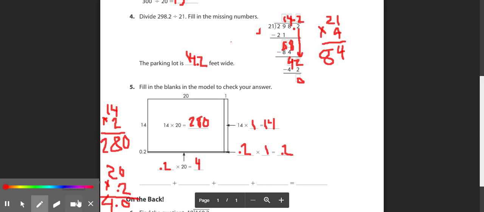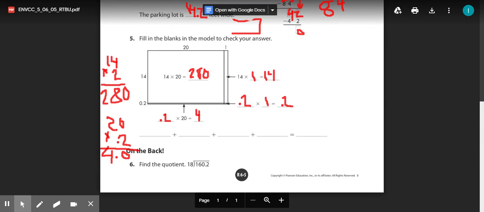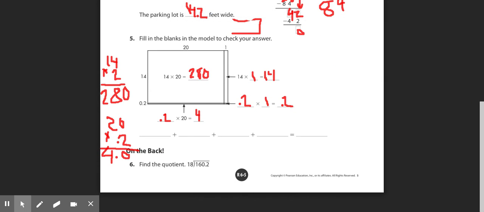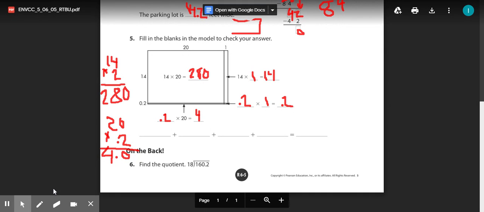Okay, so now we have to add all of these products together to see if they add up to our area. So we are going to add up 280, plus 2/10, plus 14, plus 4. Okay, and when you add them up, I like to add them up vertically. I don't like adding them up horizontally.